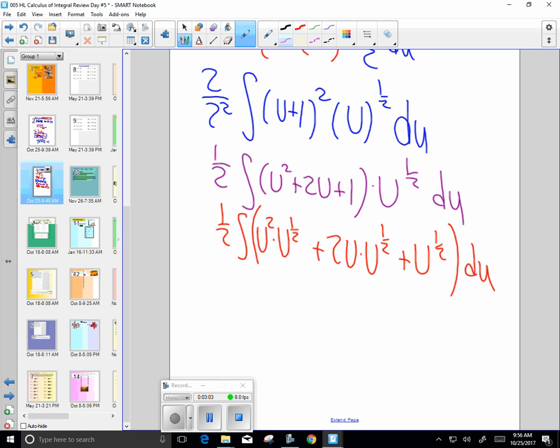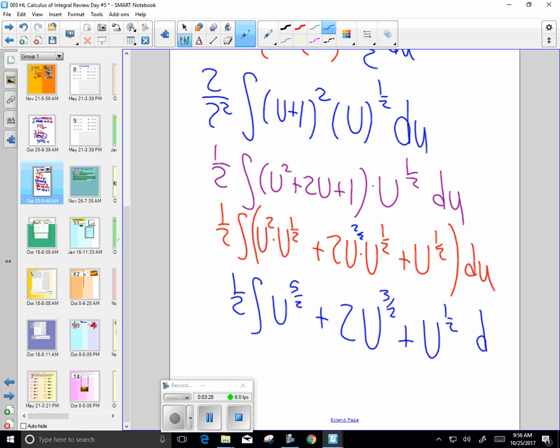So then I'm just going to get 1/2 u to the 4 halves plus 1/2 is how many? 5 halves, yep. Plus 2 times 2 halves times u to the 1/2 is u to the 3 halves, plus u to the 1/2 du.